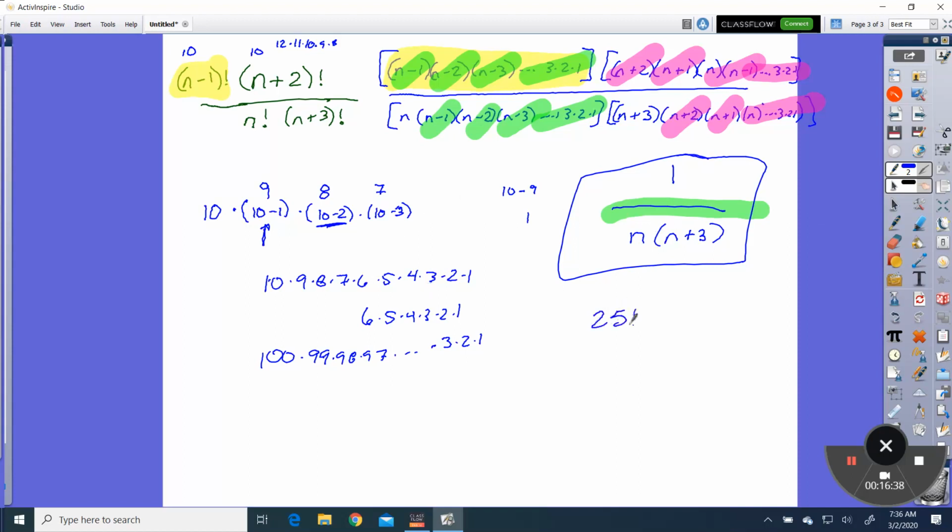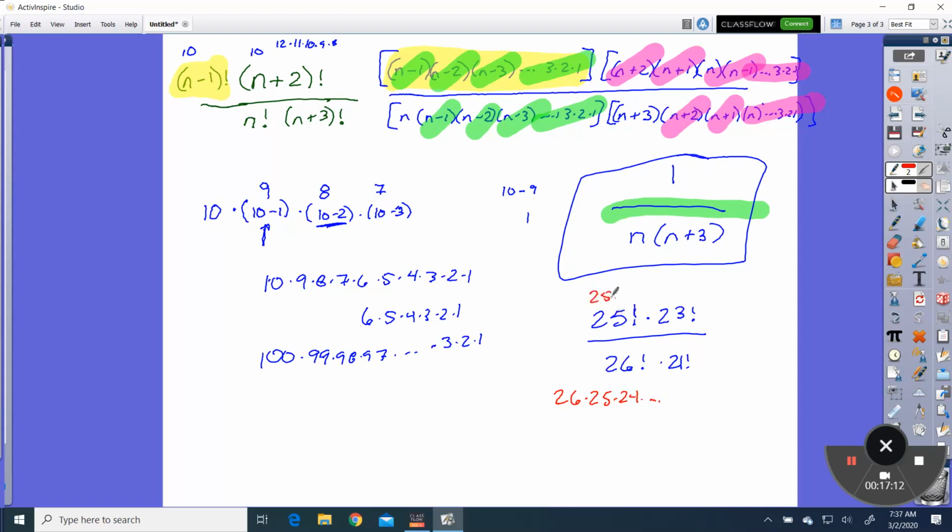You'll see the same idea with this, like 25 factorial times 23 factorial all over 26 factorial times 21 factorial. So now that you've got the idea in your head, I should have done this starting. 26 factorial is really 26 times 25 times 24 on down, right? So what's going to happen to all these numbers after 26 with this 25?